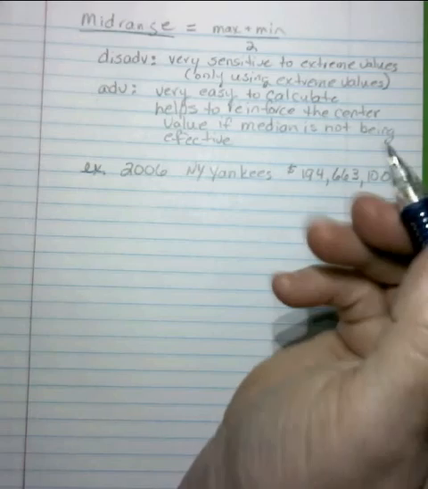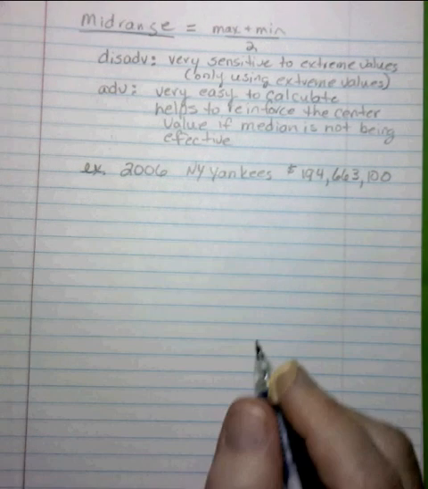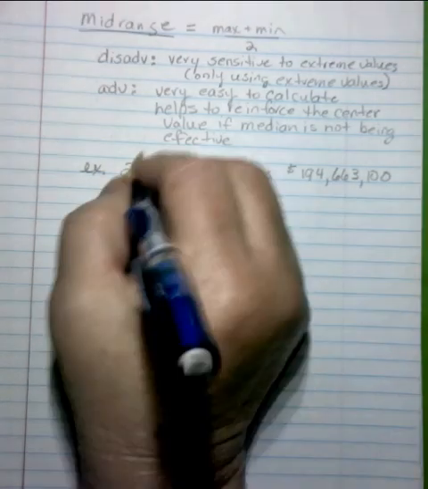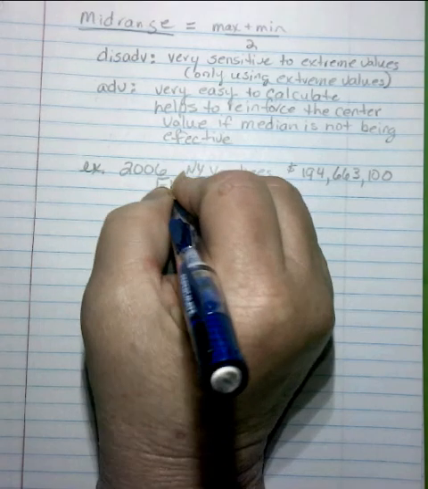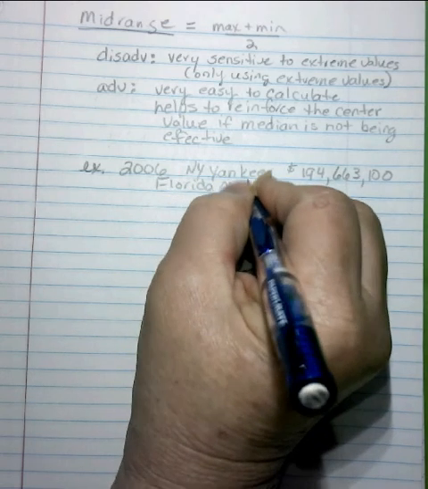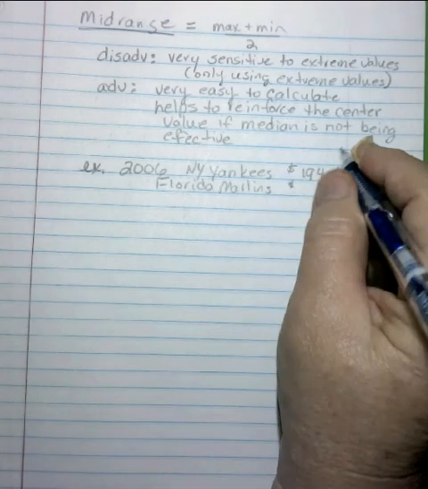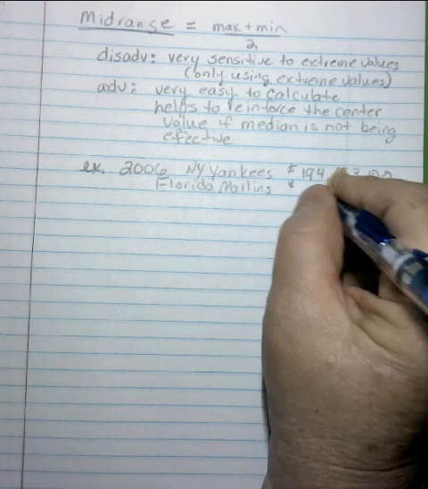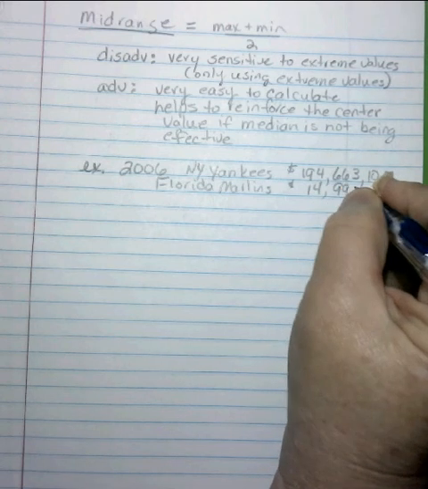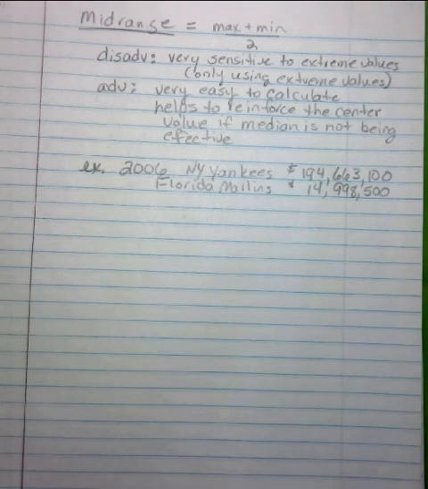They had the highest budget in the league, while the Florida Marlins had the lowest budget, $14,998,500 to pay their players.